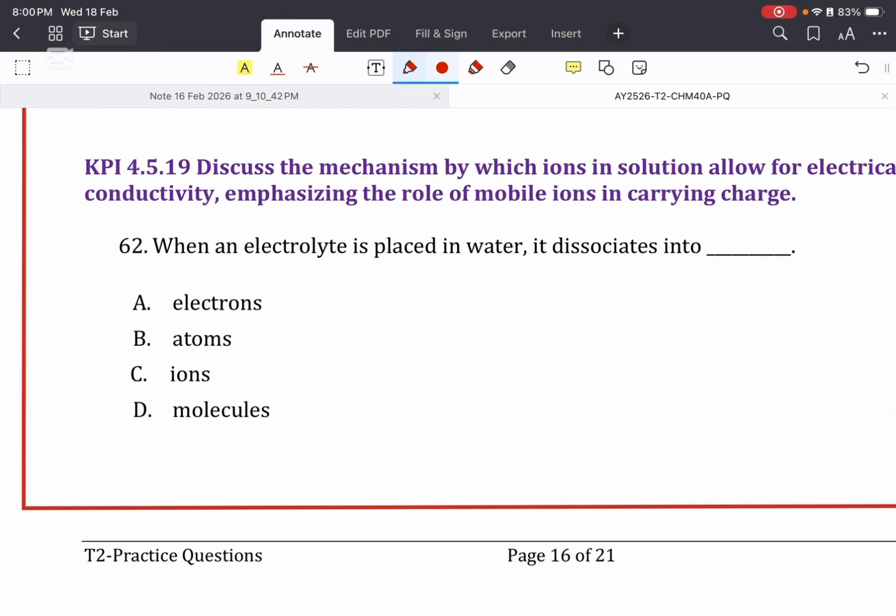When an electrolyte is placed in water, it dissociates into ions. And why is that? Because when an electrolyte is dissolved, it frees the ions that it has in it. So those ions become free. That's why they are able to carry charge, and that's why electricity is conducted.